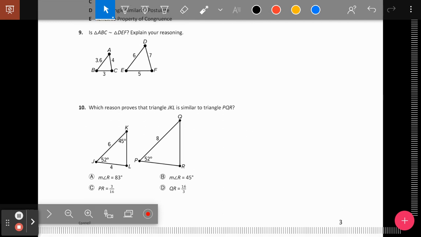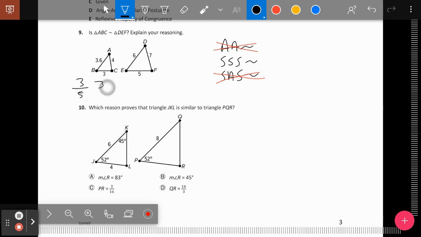Right. Remember, I have 3 things I can try. I have angle, angle, side, side, side, and side, angle, side. And they don't give me any angles, so I can't use angle, angle, and I can't use side, angle, side. So it's all on side, side, side, or bust. And so I want to go 3 is to 5, as 3.6 is to 6, as 4 is to 7.